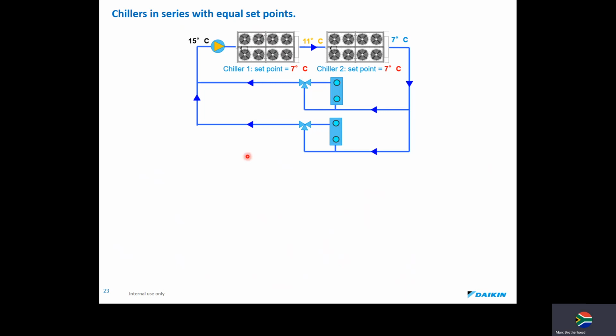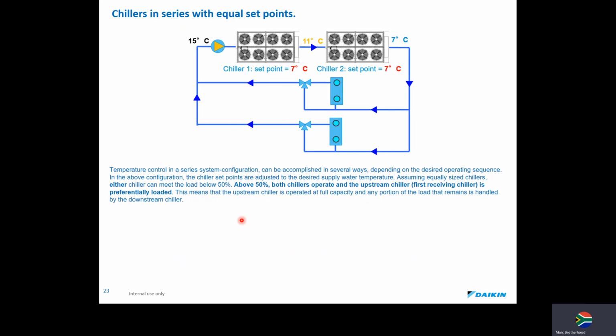Let's have a look at a live example with 1 pump and a return water of 15 degrees. Temperature control in a series system configuration can be accomplished in several ways, depending on the desired operating sequence. In the above configuration, the chiller set points are adjusted to the desired supply water temperature. So here we've set both of them to 7 degrees.